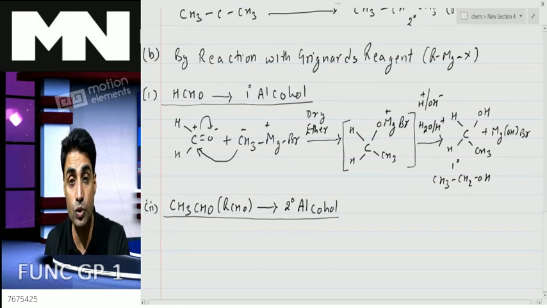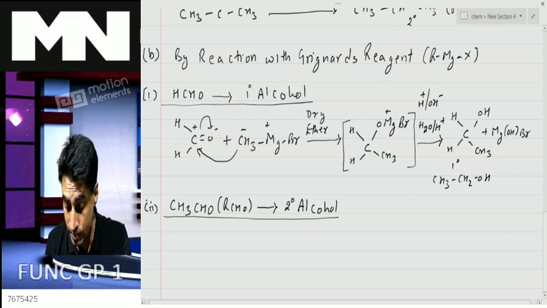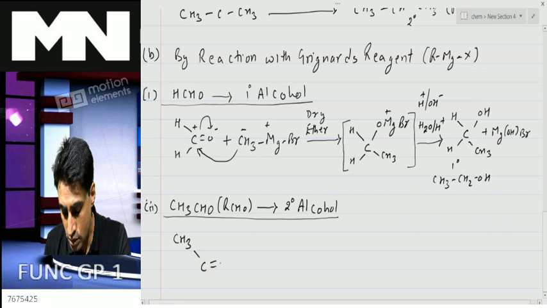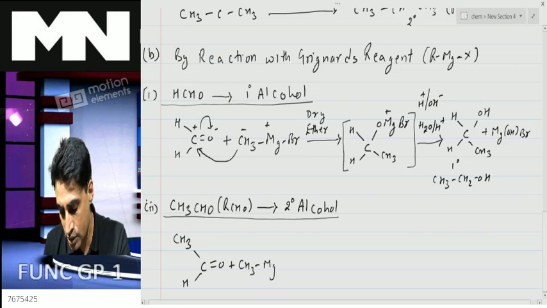Let's do this by taking an example of ethanal, that is acetaldehyde. I'm reacting it with CH3MgBr, again in the presence of dry ether.